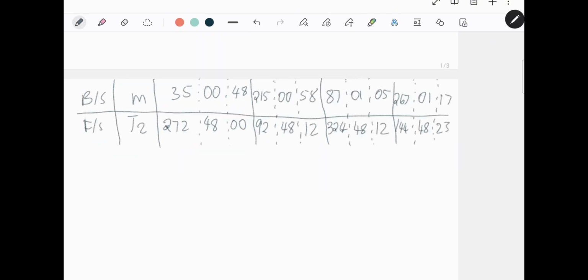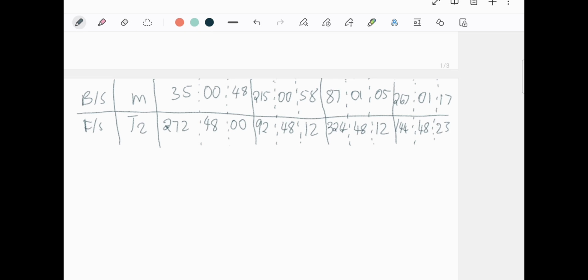From here, guys, these are the horizontal angles that we're given. The dotted lines represent the separation between your degrees, minutes, and seconds. After the dotted lines you get solid lines.